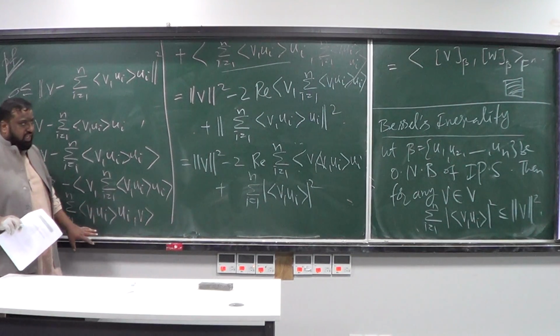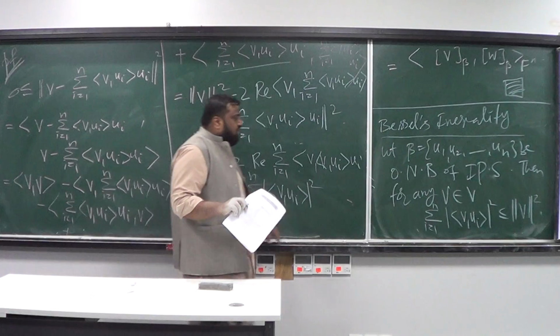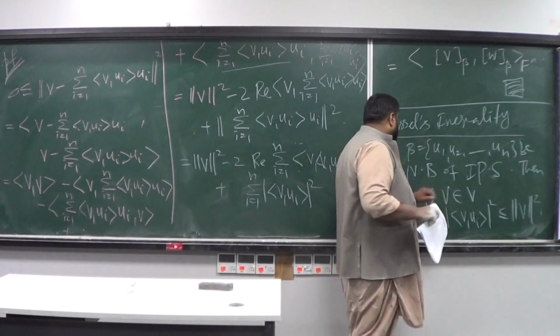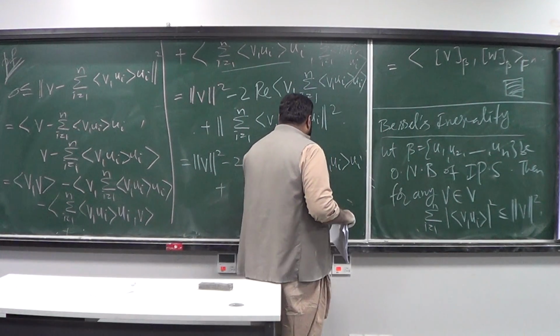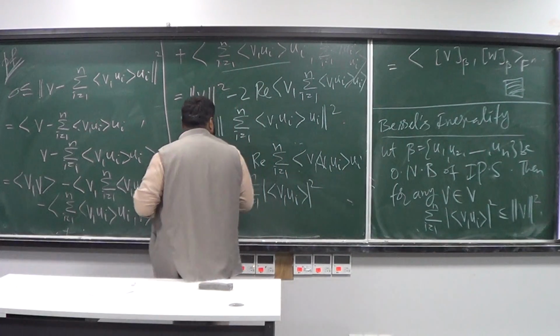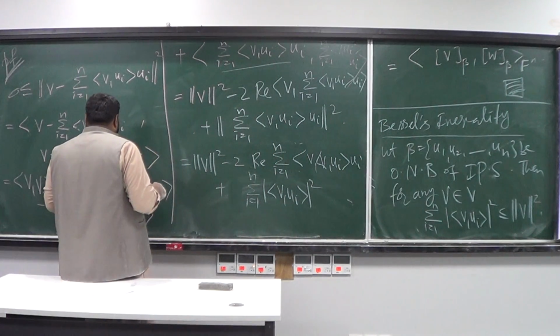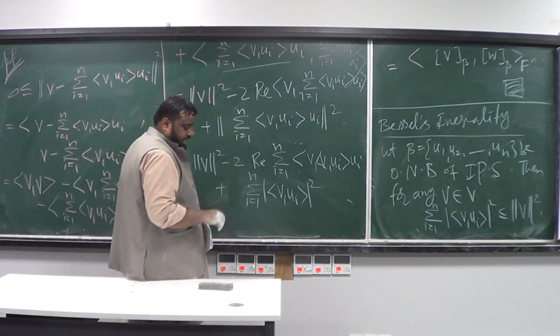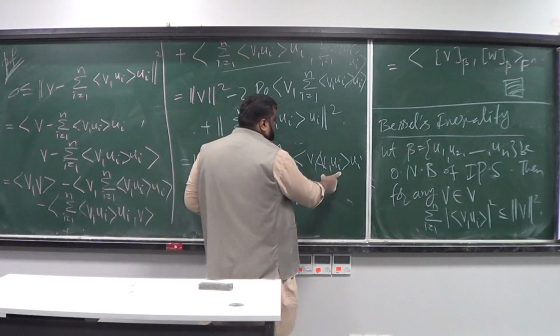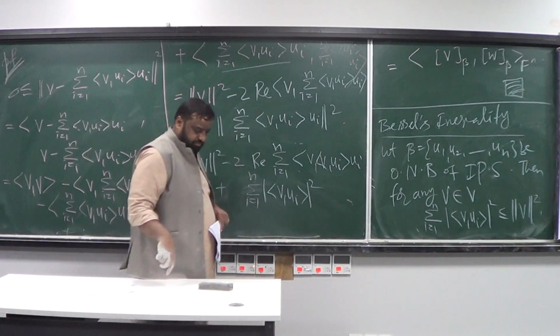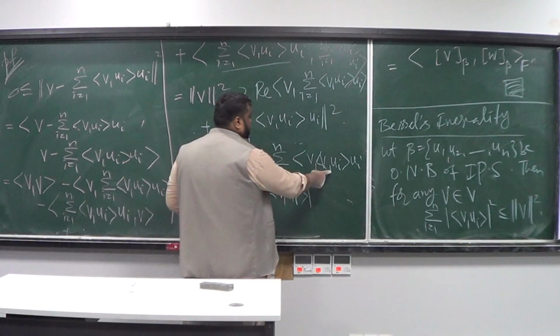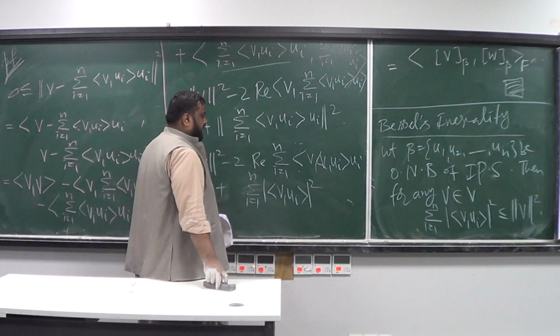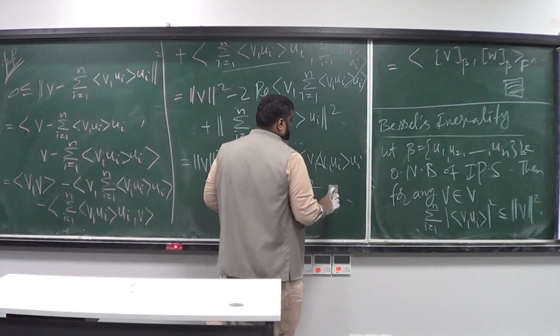Okay, so we are almost there. If you think that we are almost there, the only thing left is to think about this middle term. So what should be done? I can do another thing. I can pull this number out of the inner product. So what are you going to get then?